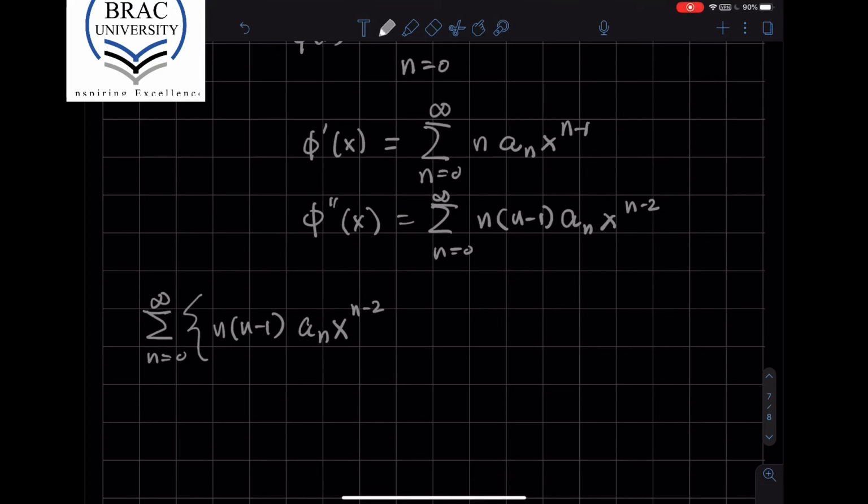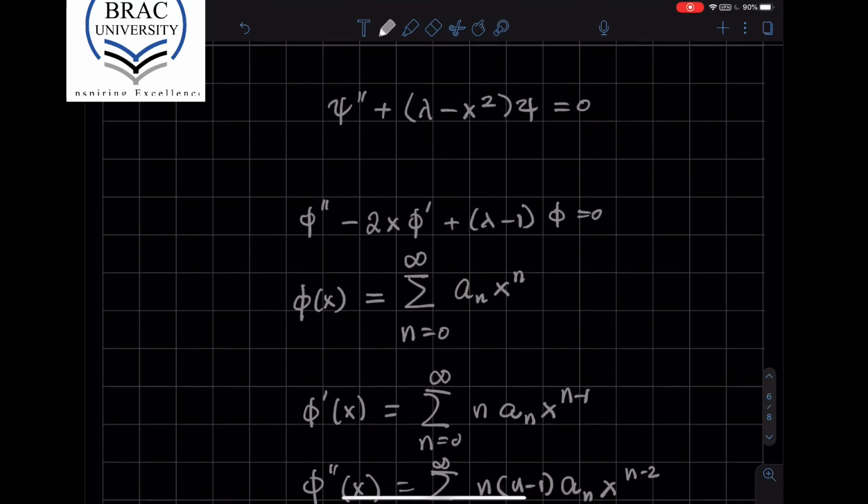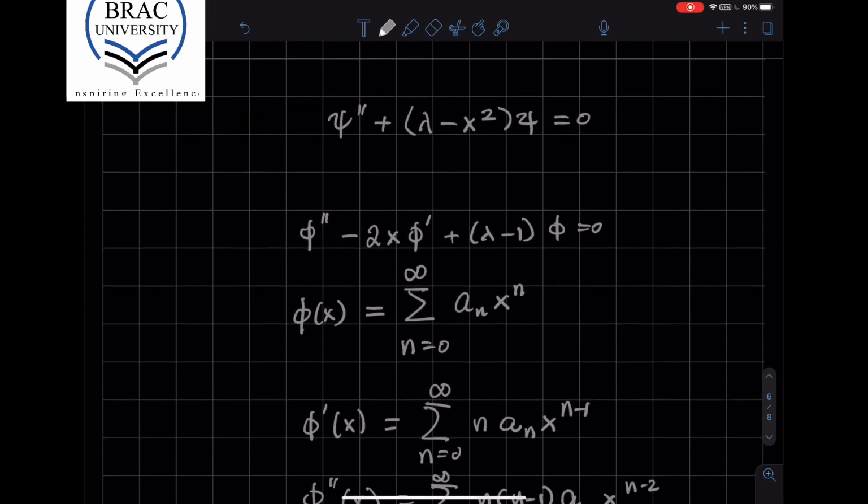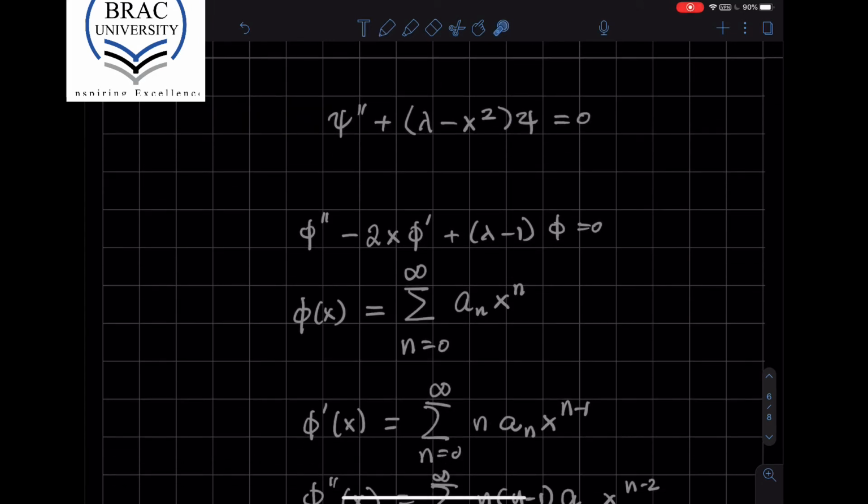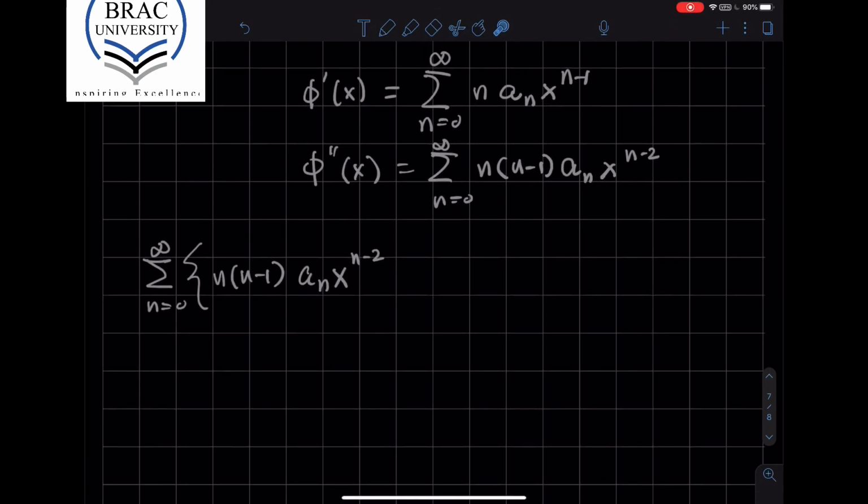For the second term, we get phi prime multiplied by minus 2x, so we get minus 2 n a_n, and now x to the power n because of this extra factor of x.